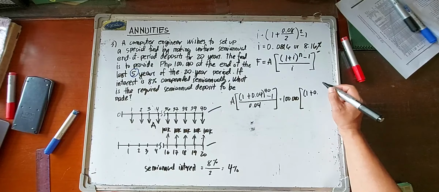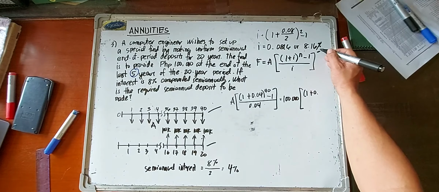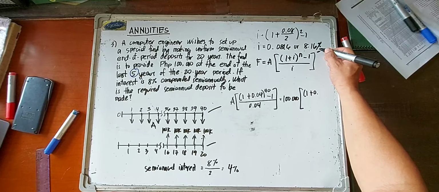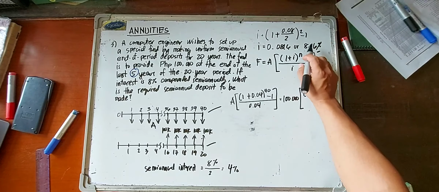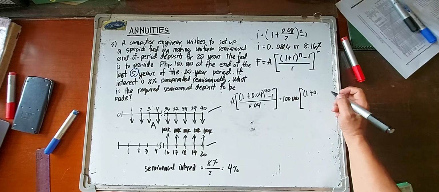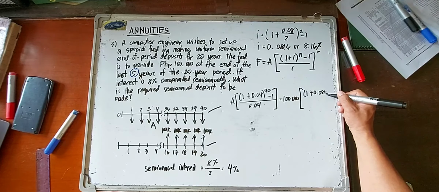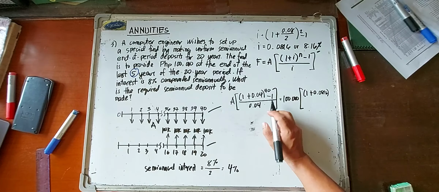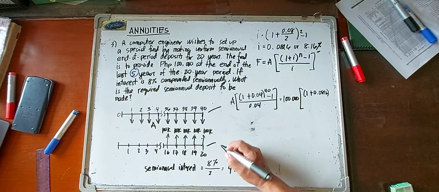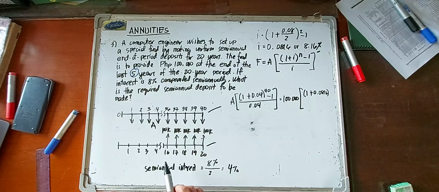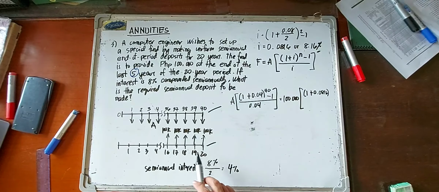We are going to use the effective rate of interest. Okay. Ito yung 1 year natin is 8.16%. And the value of N is 5 years since we start at the 16th year up to the 20th year. So 5 years ito.